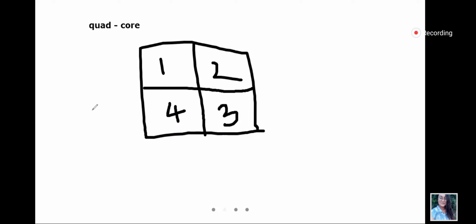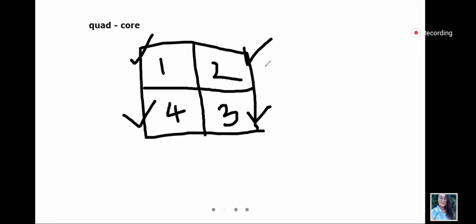When tasks are given, one core will do one task, another core will do another task. So these 4 cores are capable of doing 4 tasks at a time. That's how a computer becomes faster.